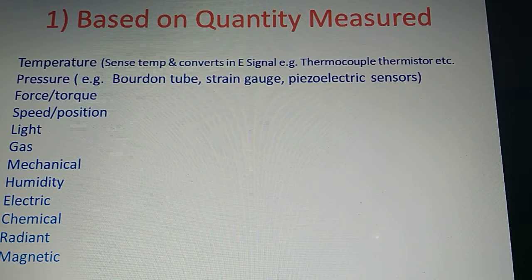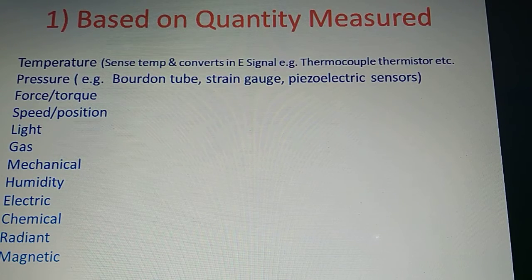There are plenty of sensors which are manufactured for the measurement of various physical quantities, like temperature. That means temperature is a physical quantity, and for the measurement of temperature you can manufacture or design a sensor.